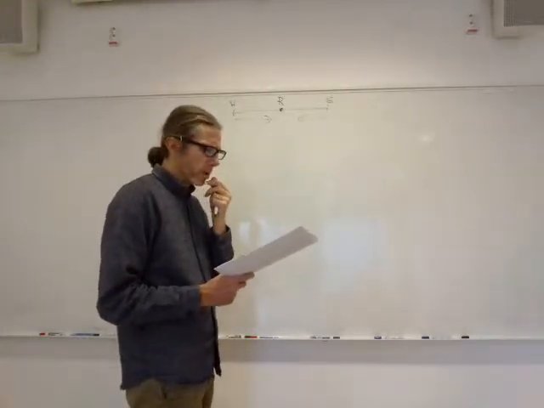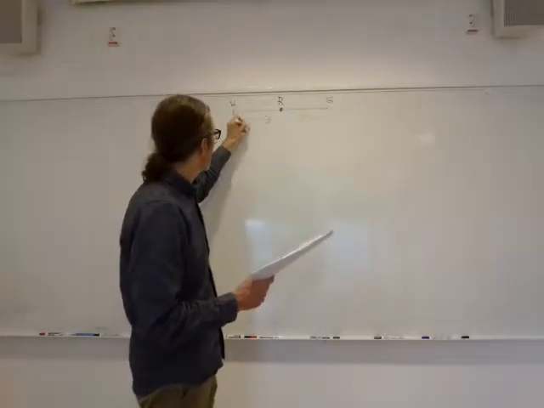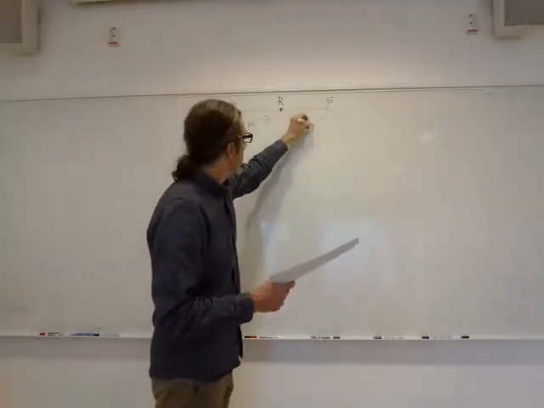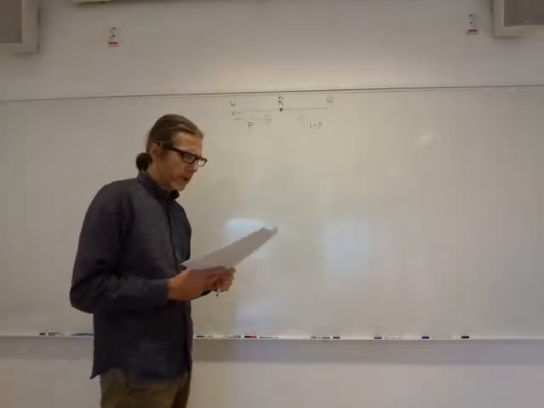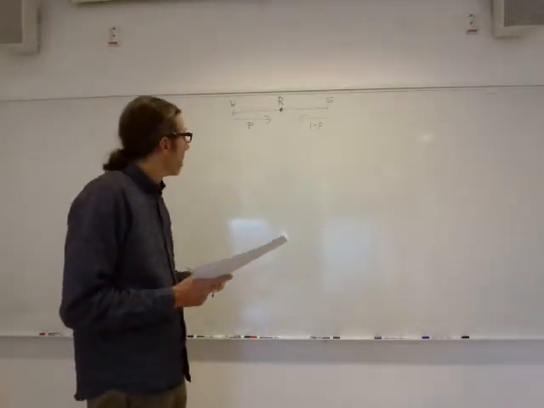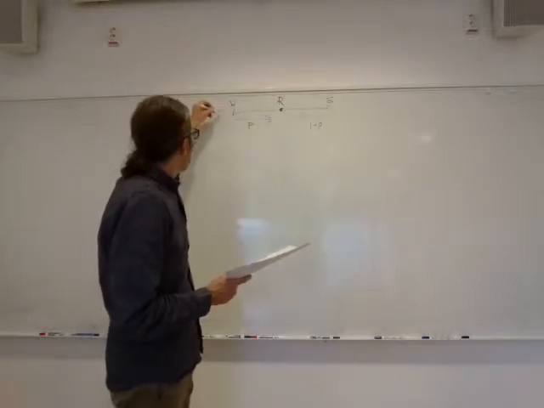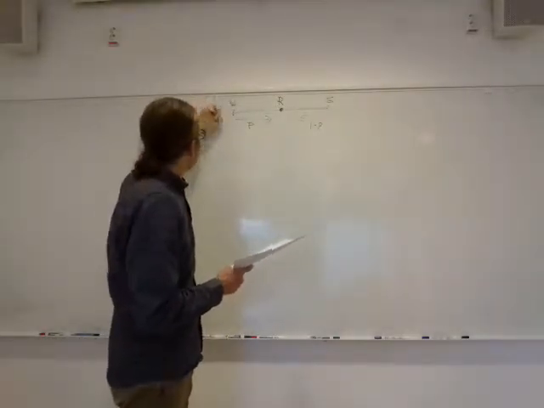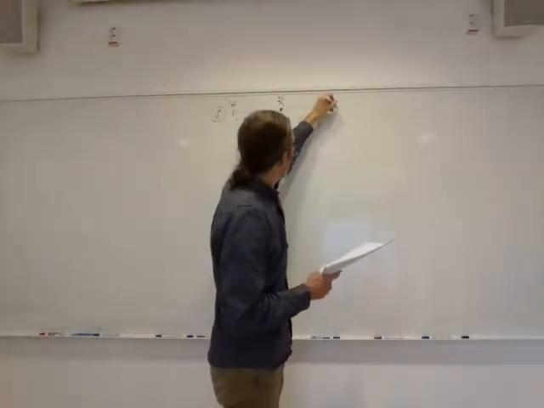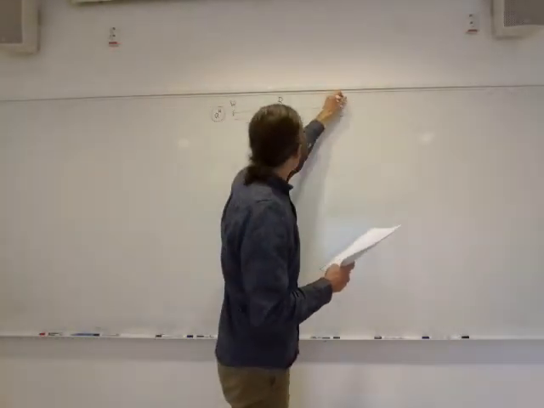So the probability of blowing in this way is P. The probability of blowing in that way is 1 minus P. And here we have abatement AW, and here we have abatement AE.